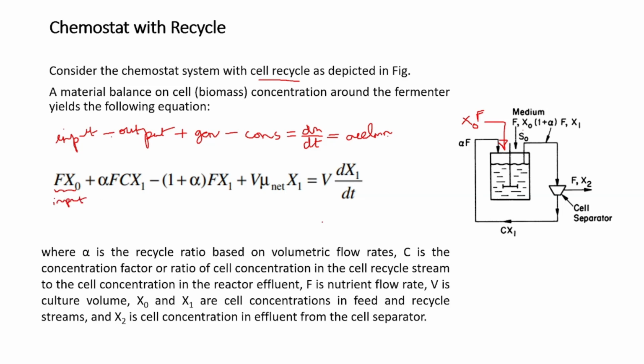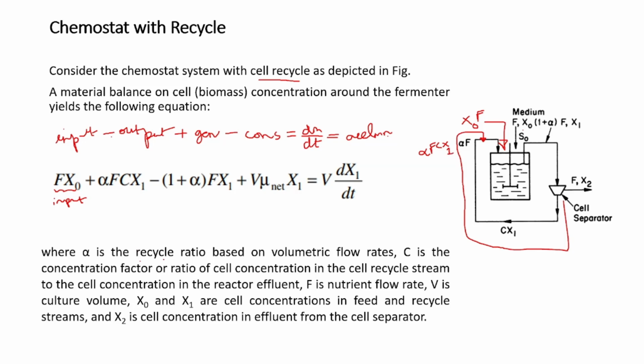This will be your input, F x naught. At the same time you are recycling a certain fraction of the effluent stream. That means this part is also your input.